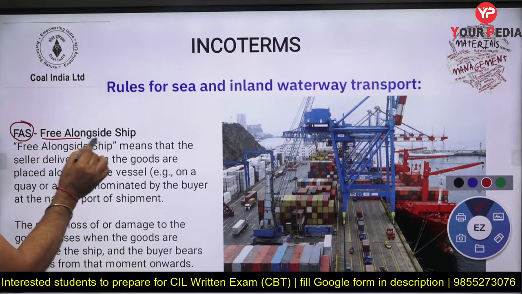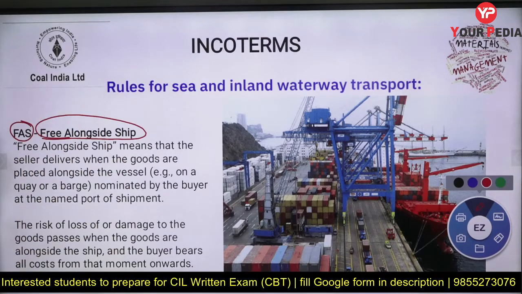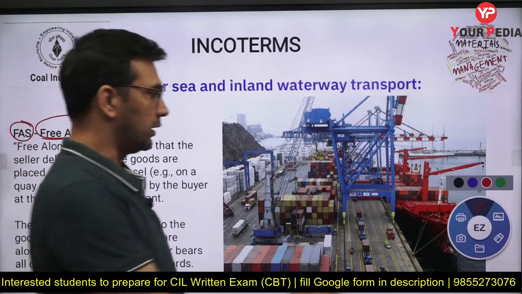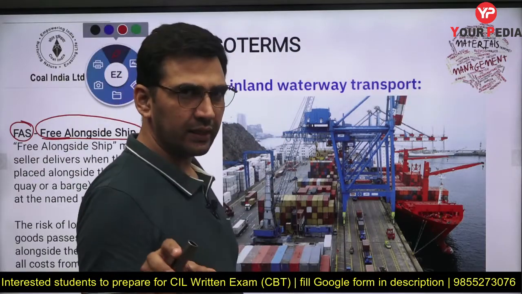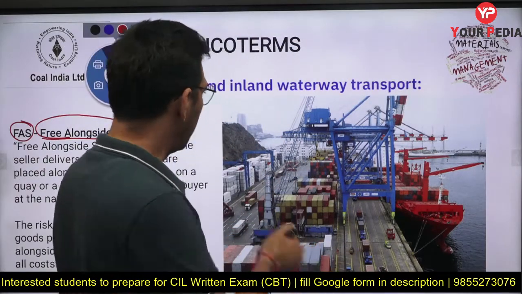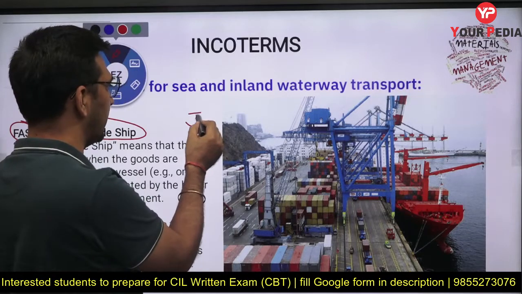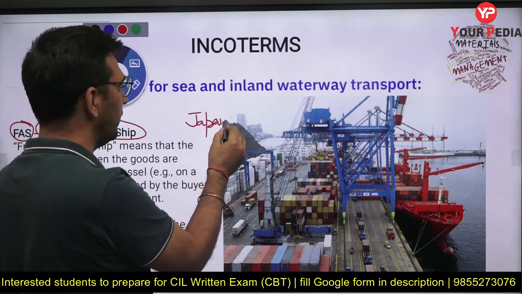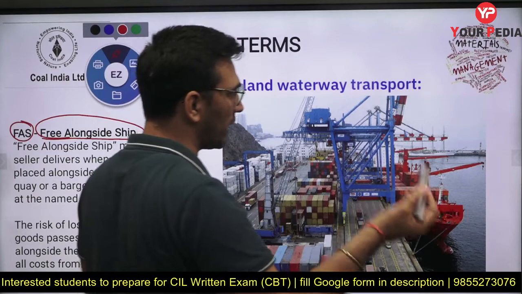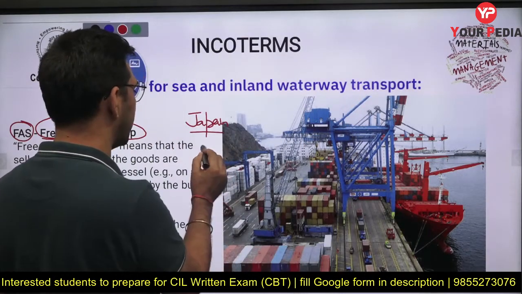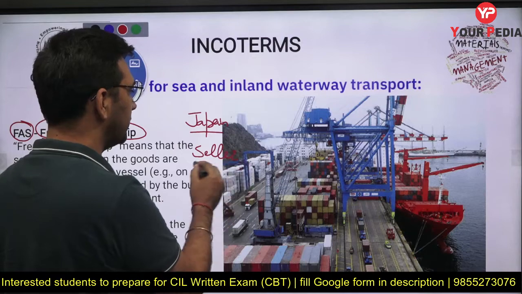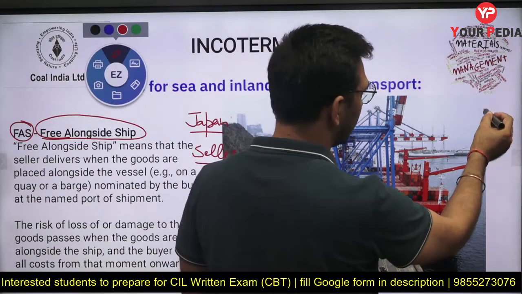FAS stands for free alongside ship. This term clearly indicates what it means. For example, let's take a country, say Japan, and you are transporting some goods from there. The seller is in Japan, and the seller is selling these goods, let us say, in India.